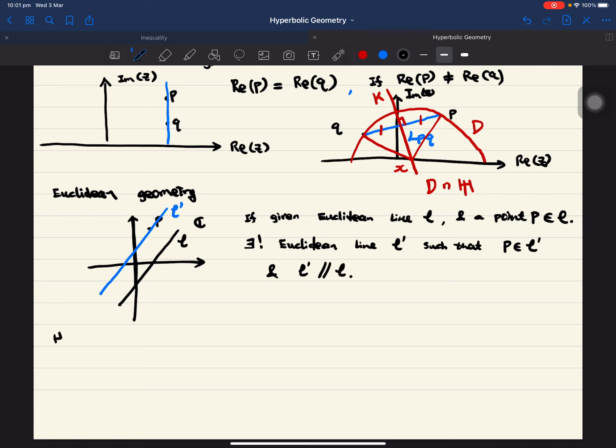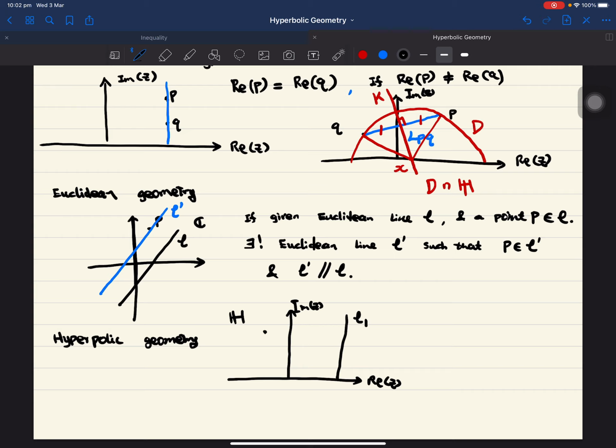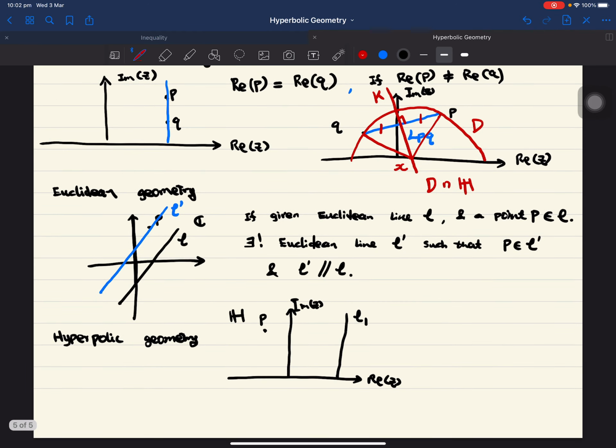But in hyperbolic geometry, if given a hyperbolic line L, let's call it L1, and a particular point P, there exist infinitely many lines that are parallel to L1.